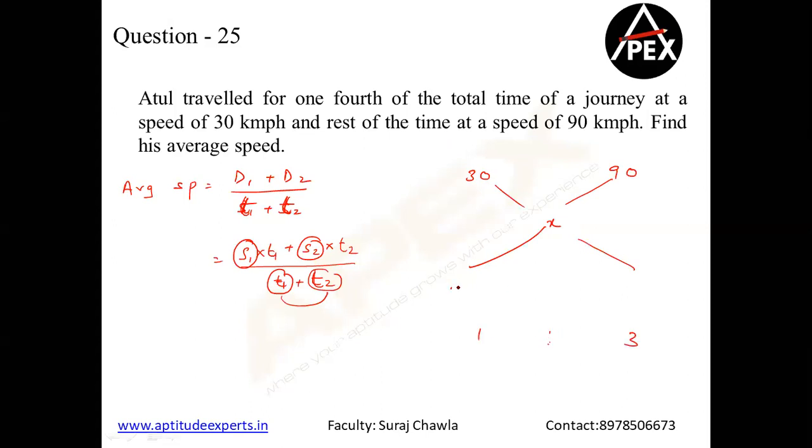So this becomes 90 minus x and this becomes x minus 30, 1/4 of the time and 3/4 of the time. Please understand, 4 and 4 will get cancelled, t and t will get cancelled. So one more method is 90 minus x by x minus 30. So 1/4 of the time at 30 and the rest of the time at 90. When you cross multiply, you'll get the same answer. So this is how you apply alligations in average speed.